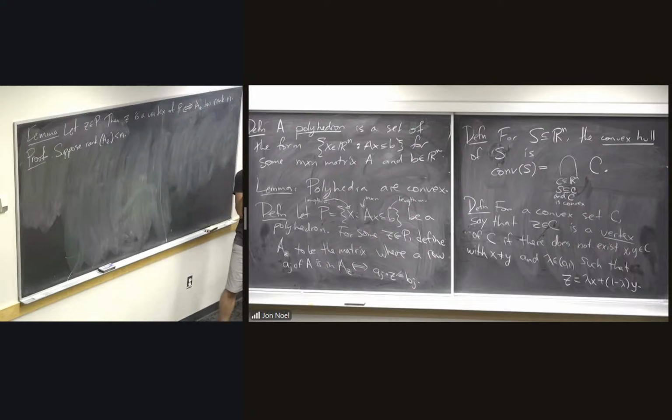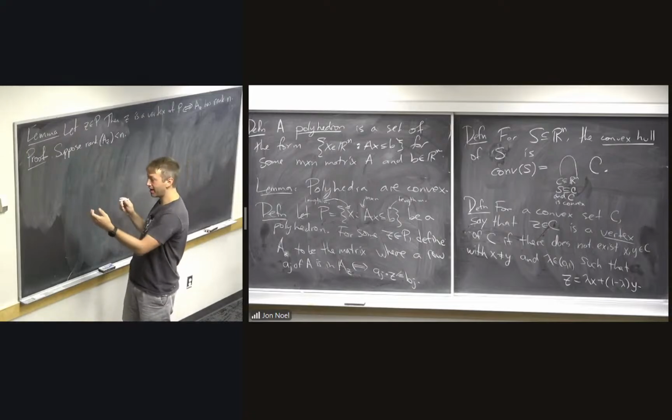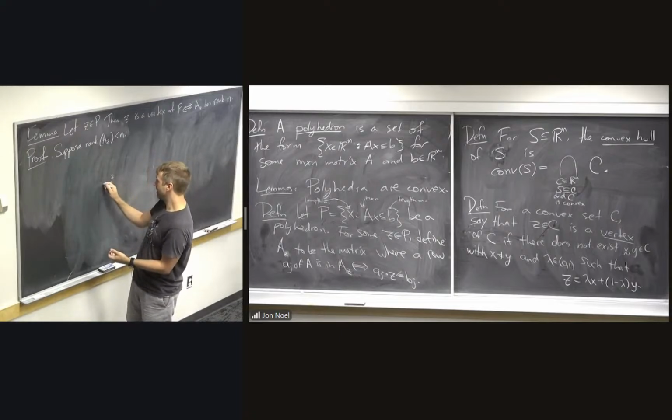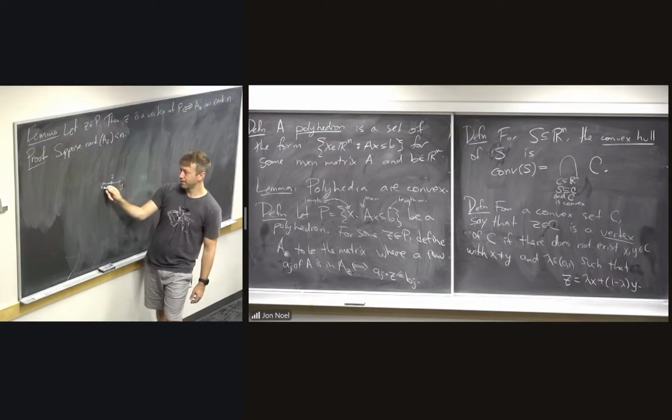In this case, I need to show that Z is not a vertex. So I need to find a certificate of that. I need to find X and Y in P such that Z is on the line segment between X and Y.